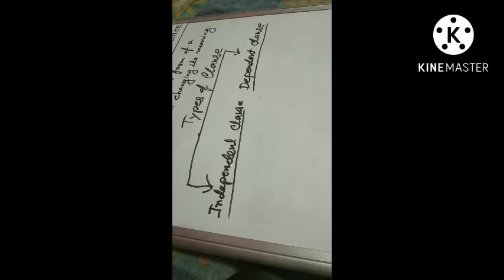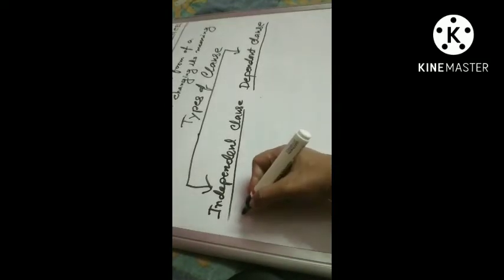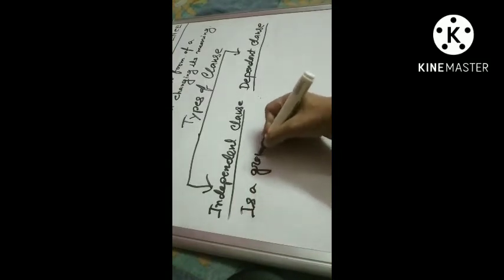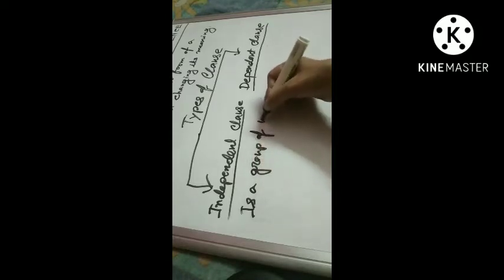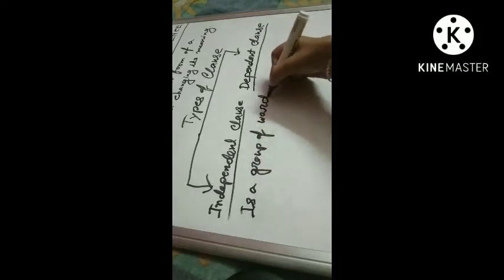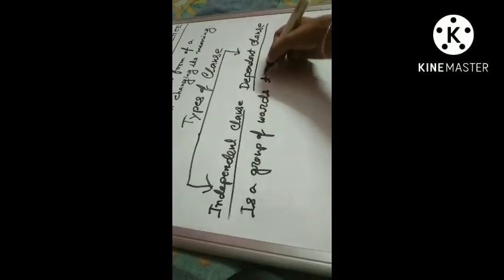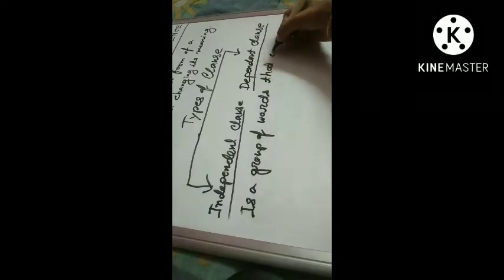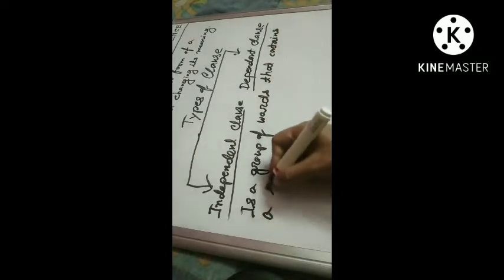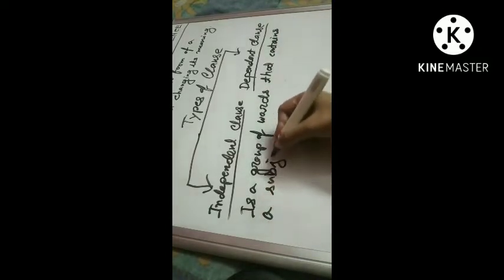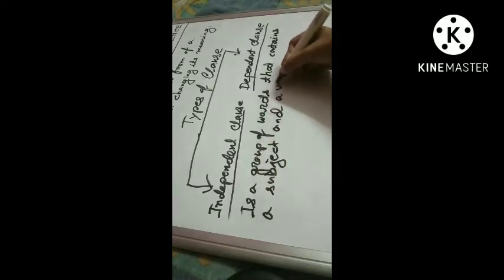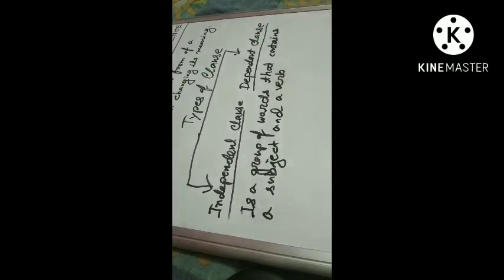Now what is dependent clause? Dependent clause is a group of words. Remember students, it is dependent clause, it depends on others. So it is a group of words that contains a subject and a verb, okay.